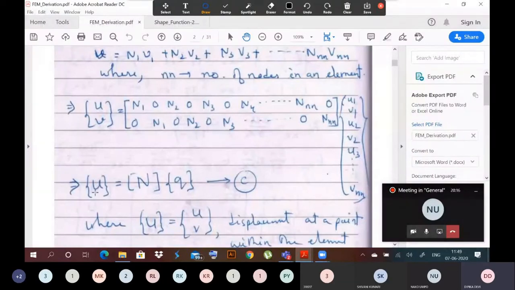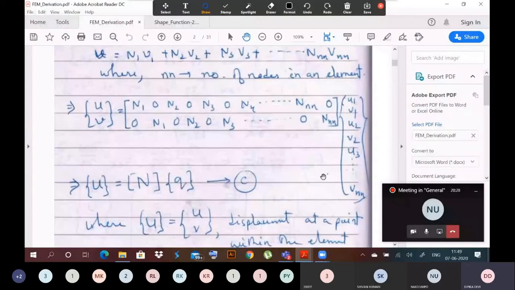So U is the displacement at any point within that element. N is the shape function for that particular element. Okay. So where U is equal to UV, displacement at the point within the element, N is the matrix of the shape function, and Q is the nodal displacement vector of an element. Okay.